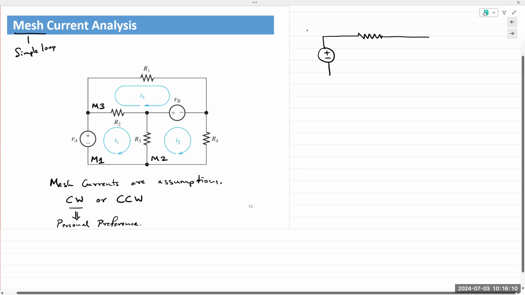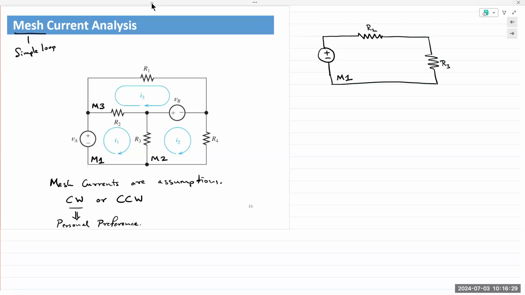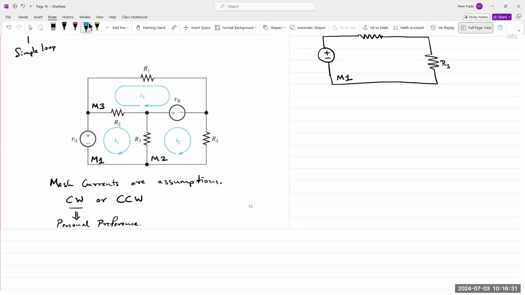We have a resistor named R2. And then we have a second resistor called R3. And that's M1, mesh 1. Current I1 is flowing clockwise.